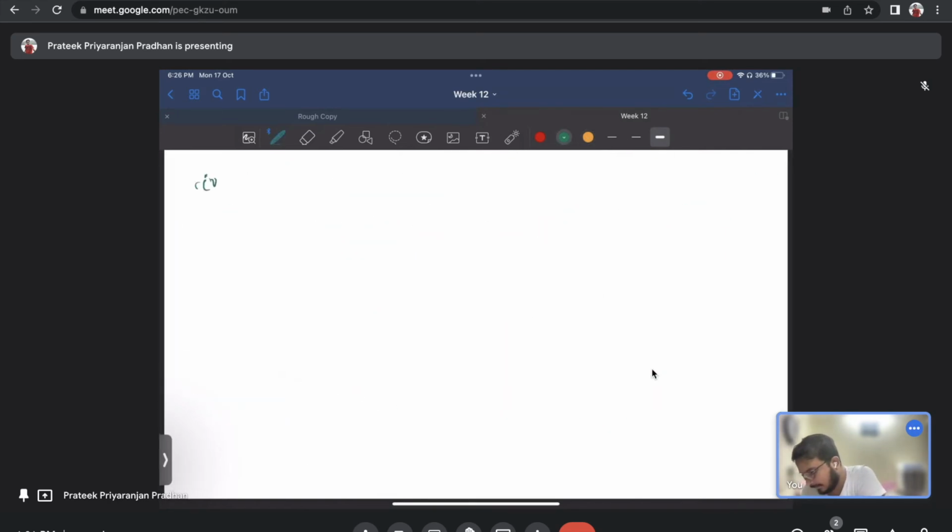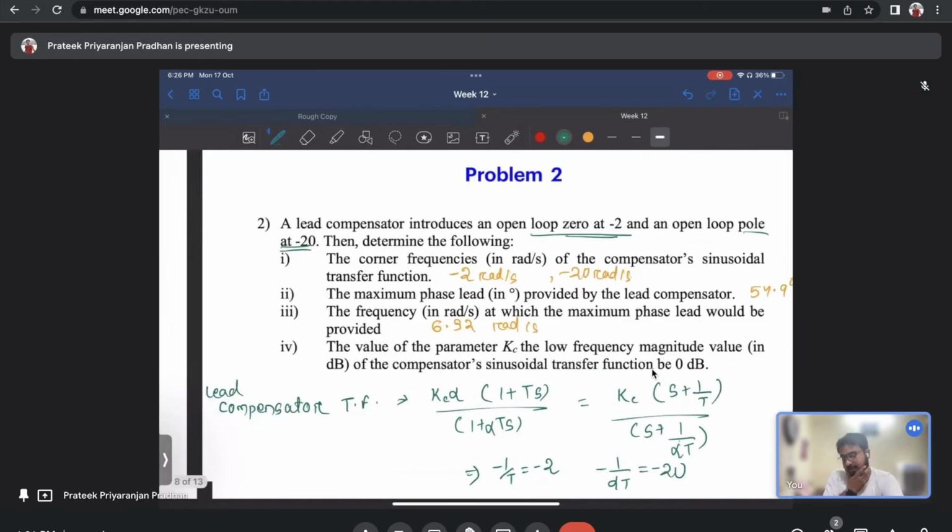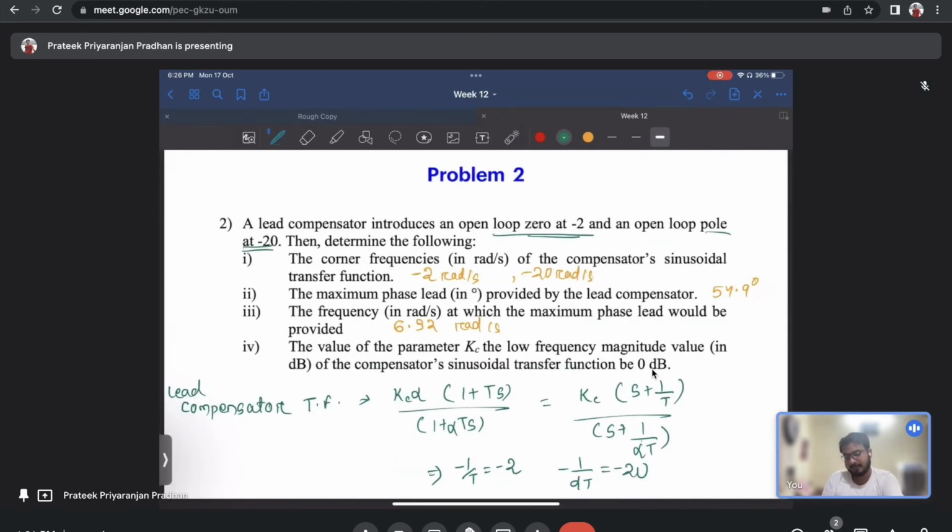So the last question, IV. What's the last question? The value of the parameter Kc for the low frequency magnitude of the compensator transfer function to be 0 dB. When the question says the transfer function's magnitude will be 0 dB, that means in linear scale, not logarithmic, 0 dB is equal to 1 unit, since 20 log 1 base 10 is equal to 0.